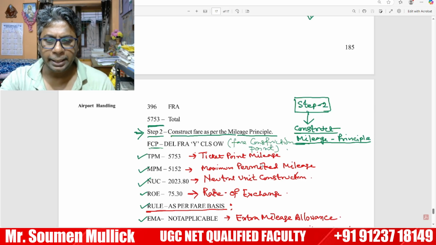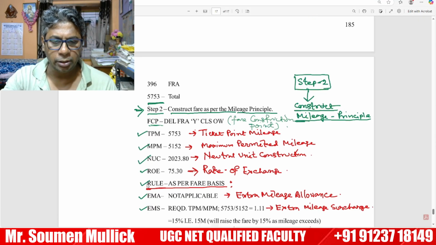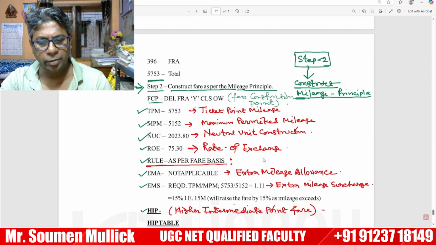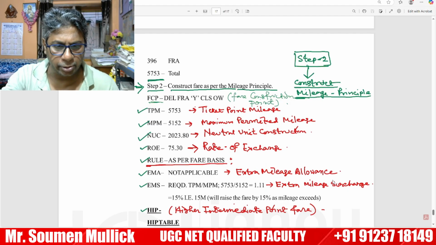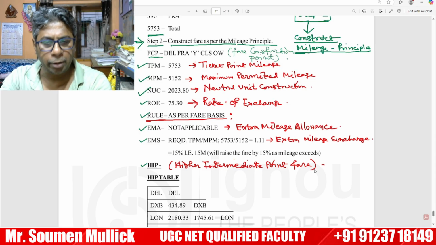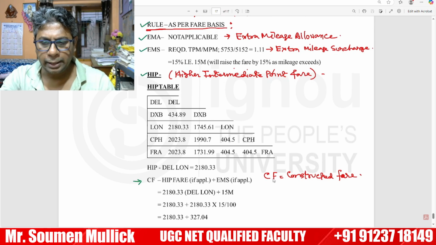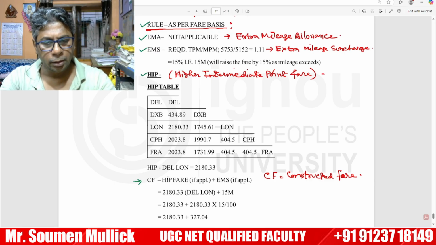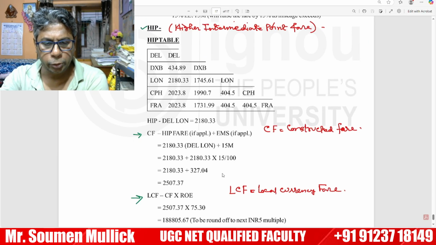Okay, TPM, ticket point mileage, MPM, maximum permitted mileage, neutral unit construction, rate of exchange, rule as per fare basis, apply the extra mileage allowance, EMS, extra mileage surcharge, higher intermediate point fare. These are the steps in the model example, and finally calculate CF, construct fare, minus HIP fare, highest intermediate point fare, plus EMS, extra mileage surcharge, and total.